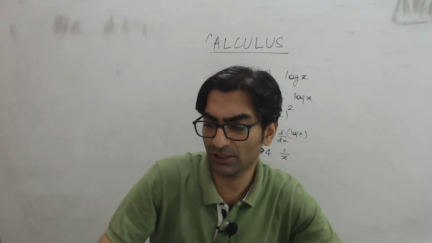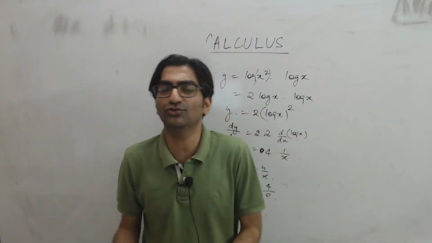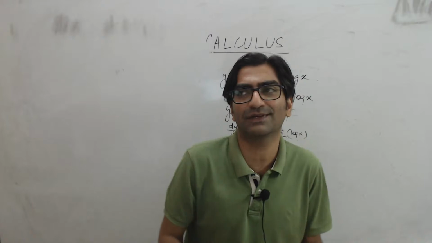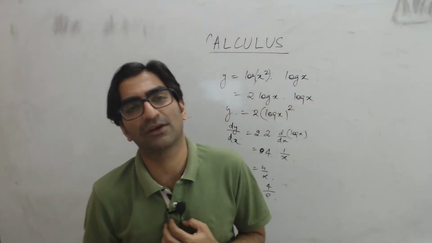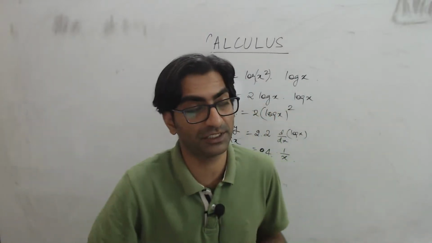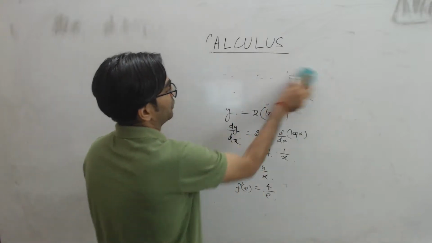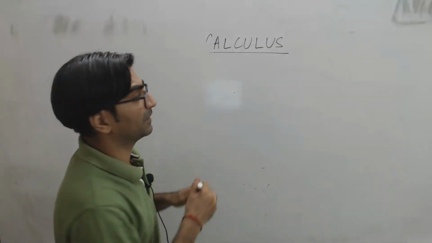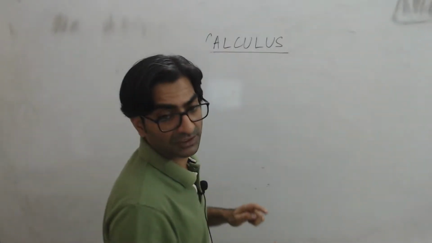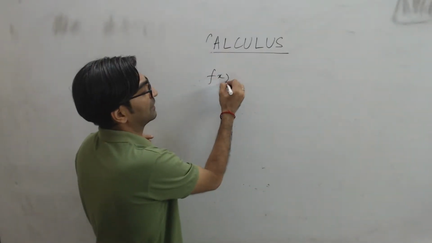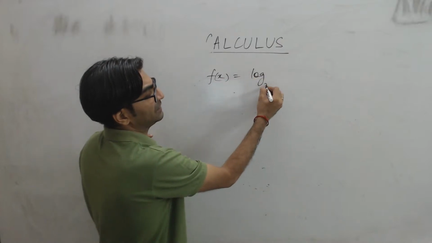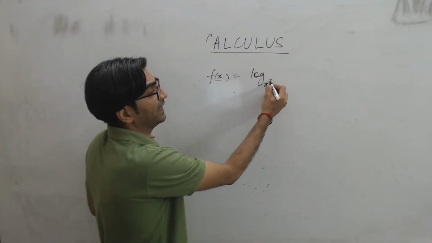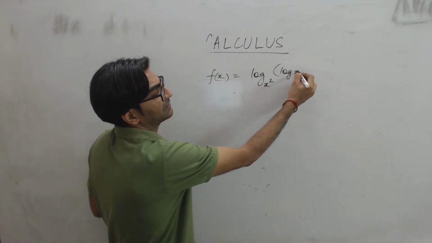It's a question where you need to use properties of logarithms as well as properties of differentiation. So let's look at this one. I'm given the function f x as log in the base of x square, and the radicand here is log of x.